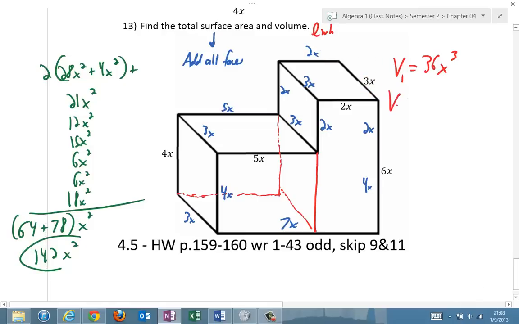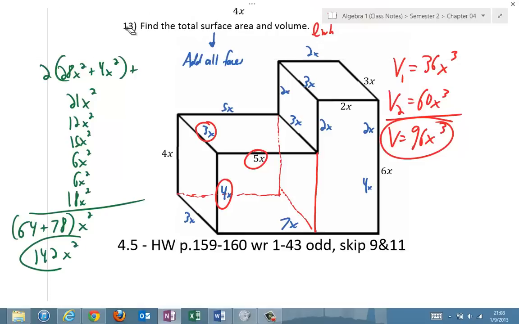We'll call that volume 2. That has a length of, really doesn't matter which one we pick, but let's say 3x. I'll do it up at top here since that seems to be a little bit easier. There's one, there's the other, and then its height is 4x. So 4 times 3 times 5 is 60. So that's a 60x cubed. Add them up, and I get 96x to the 3rd power. That's volume. So volume equals that.